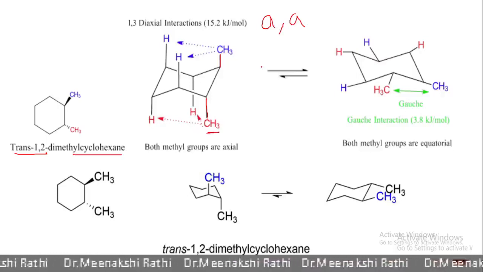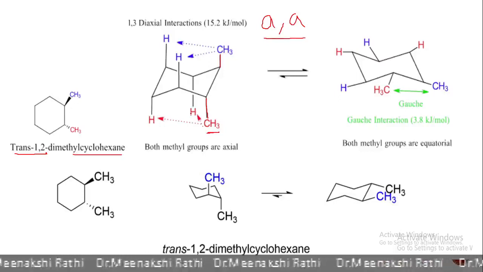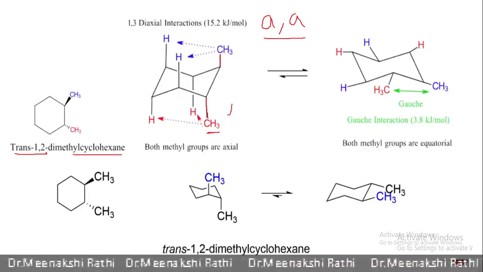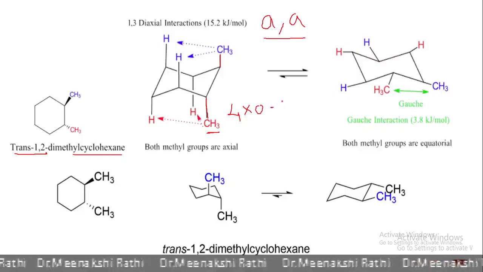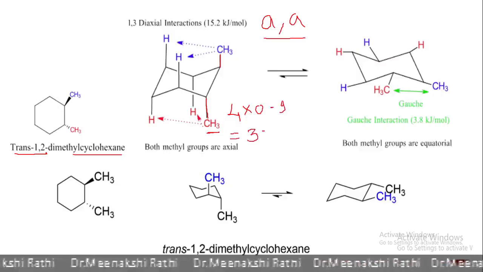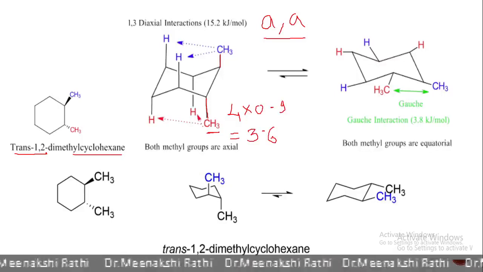That means in trans AA type, there are 4 1,3-diaxial interactions. The energy will be 4 times 0.9, so the total energy for trans AA type is 3.6 kilocalorie.